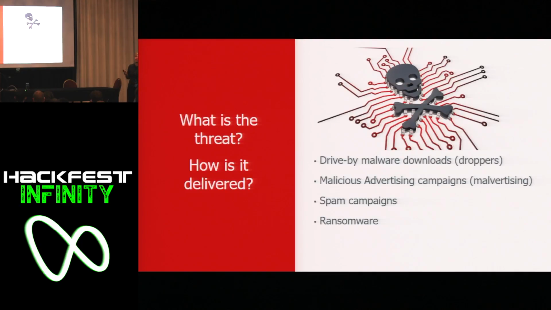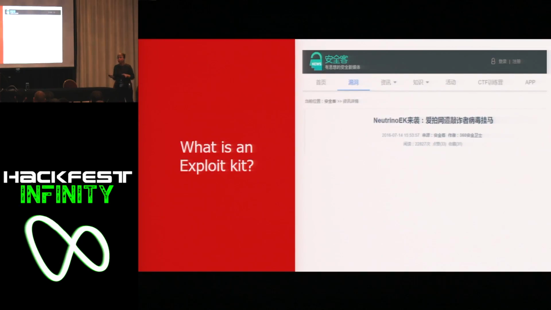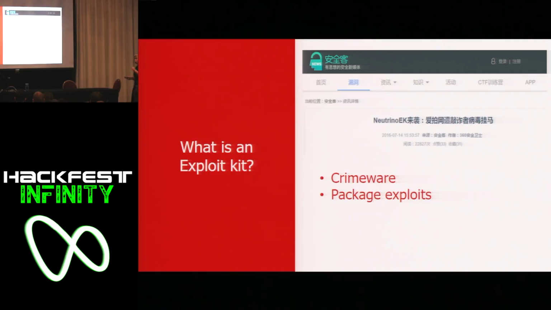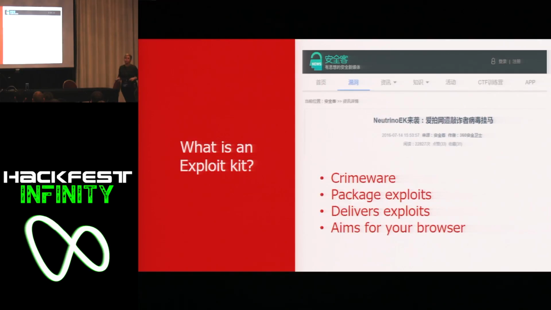Now, all of these things have in common the way that they can be delivered, and that is through something called an exploit kit. Now, if you're not familiar with what an exploit kit is, basically it's a piece of crimeware that allows for the packaging up of various types of exploits, as well as the mechanism to deliver those exploits. And guess what the target is? Your browser.